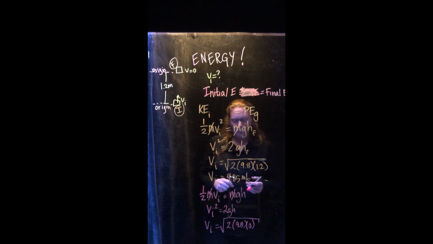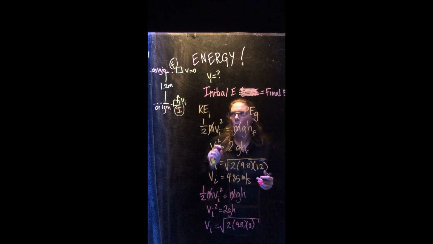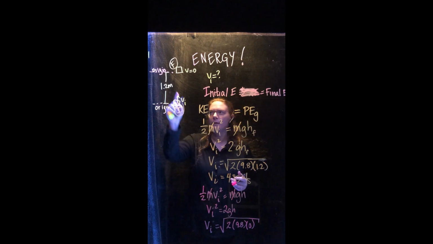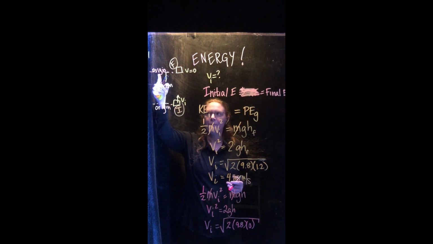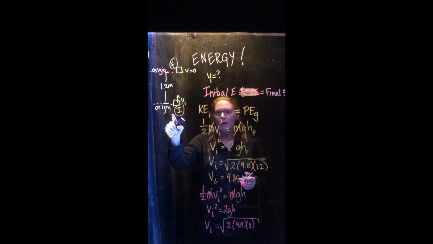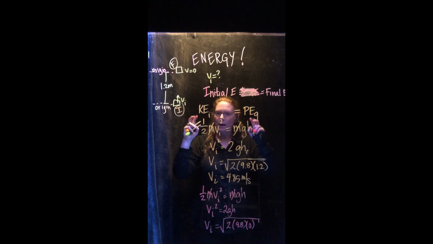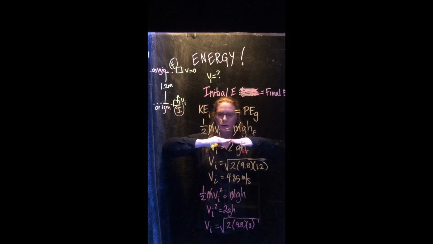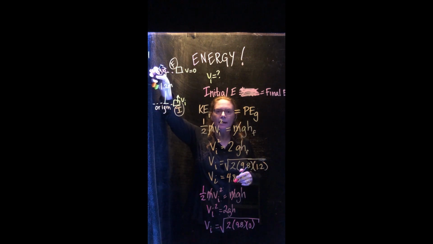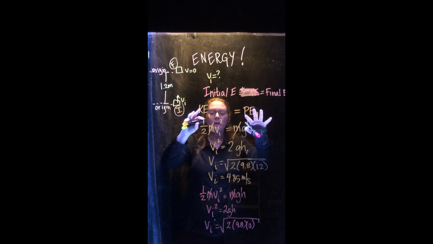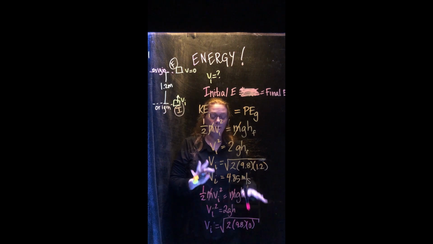Okay, so in this case, what we have to think about is the fact that with the origin here, we start off not at what we call ground level, not at our origin. Anything that is not at the origin needs to take into account potential energy due to gravity. That's sneaky, isn't it? So really this is a different equation.